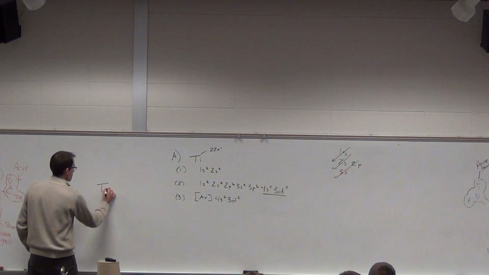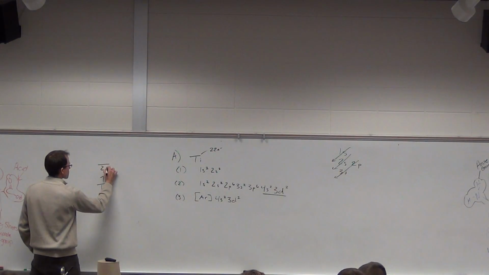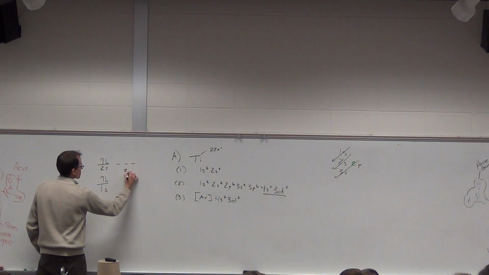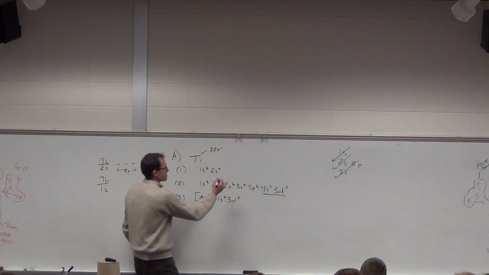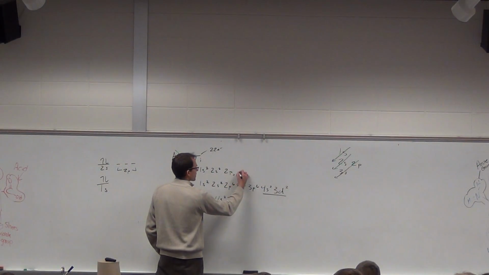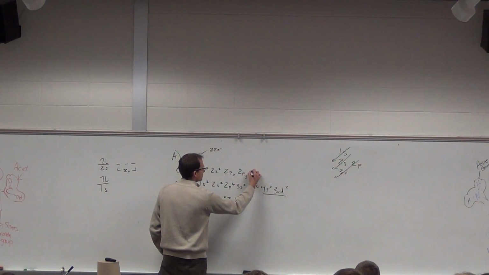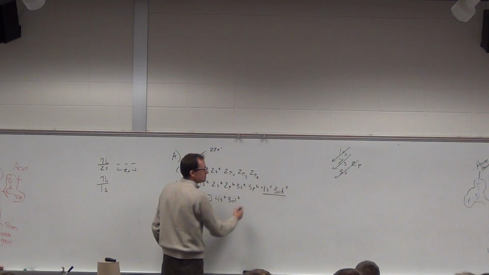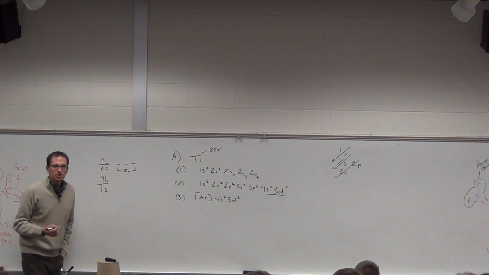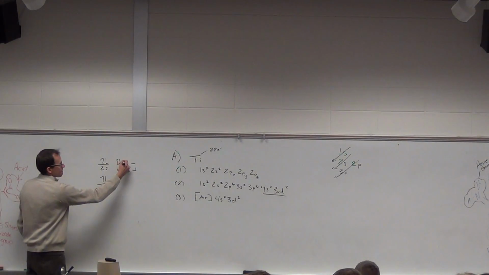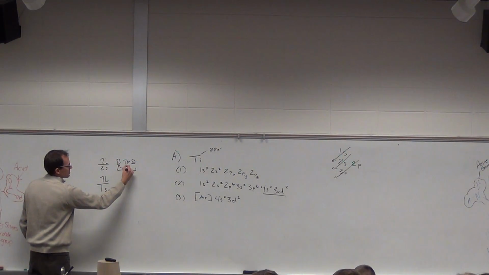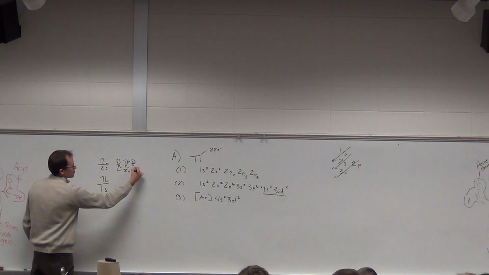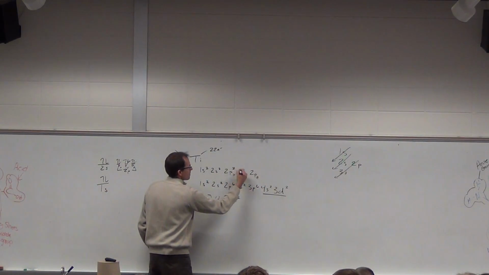But there are 3 P's. And these P's are 2p sub x, 2p sub y, 2p sub z. And how many are in each of those? So there are 2 in each.